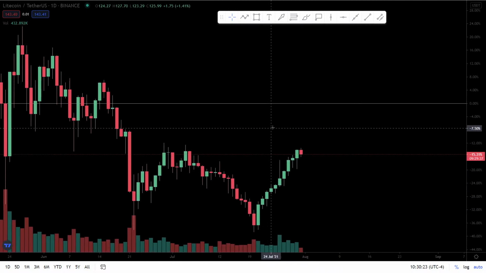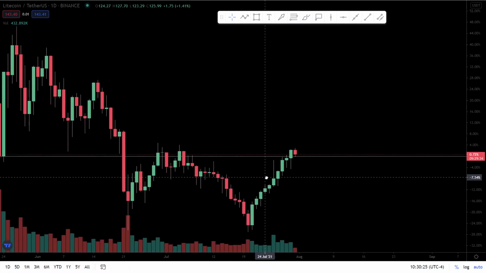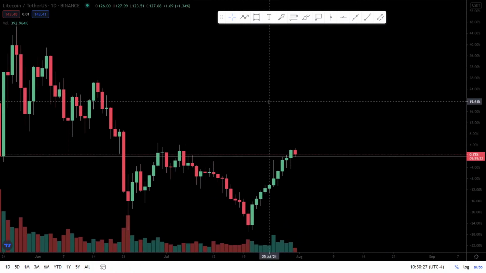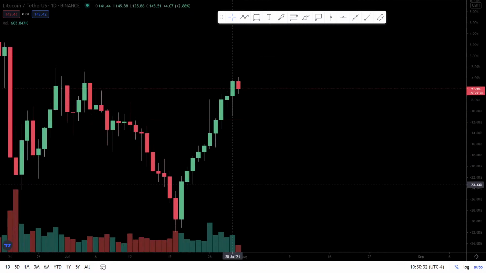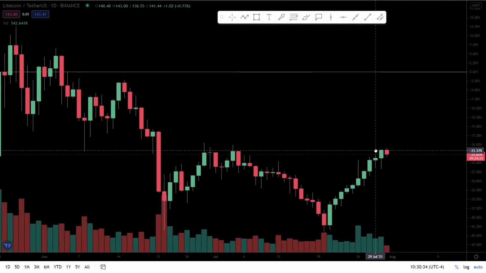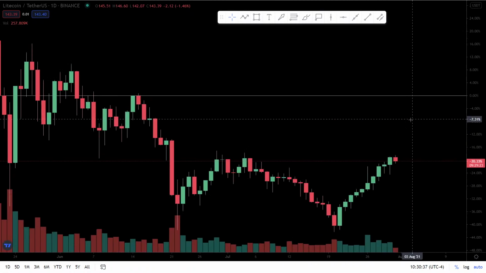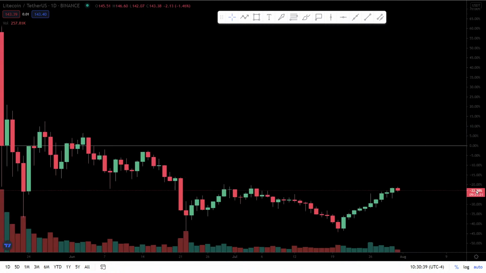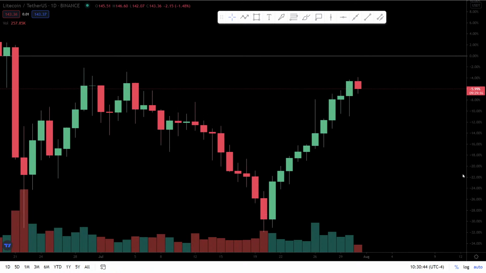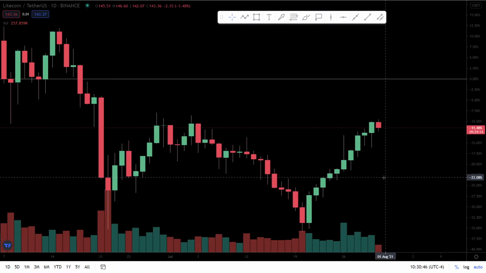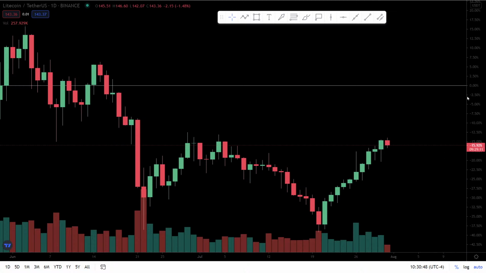And again, we're on a daily chart. Sometimes it's hard to get a perspective. Okay, let me try this. So this is Litecoin. And we can see that Litecoin has done basically the same thing that Bitcoin has done.